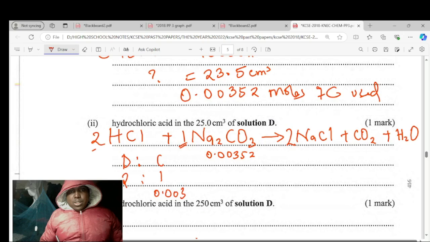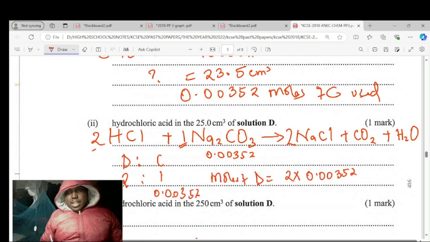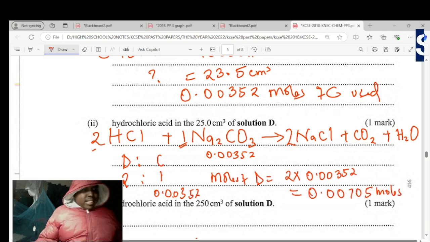So moles of D will be equal to 2 times 0.00352, and that is equal to 0.00705 moles. Very nice. So that is the number of moles.